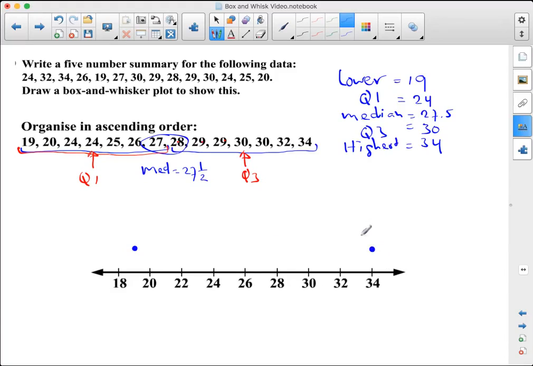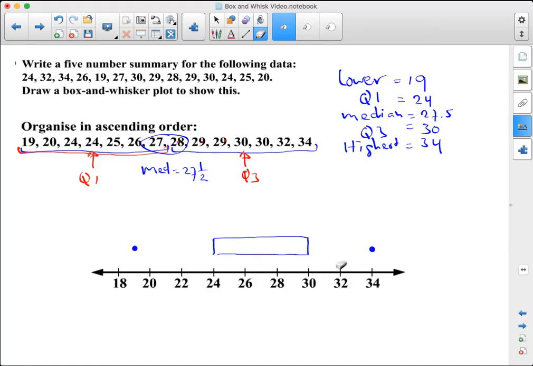Then the box is between Q1 and Q3, so 24 and 30. 24 is here, so this is where the box starts. This is where the box ends. So there's the box. You can clean that up a bit. And the median is inside the box, 27 and a half. So 26, 27, 27 and a half is there.